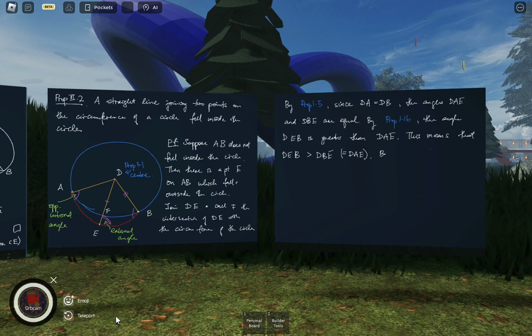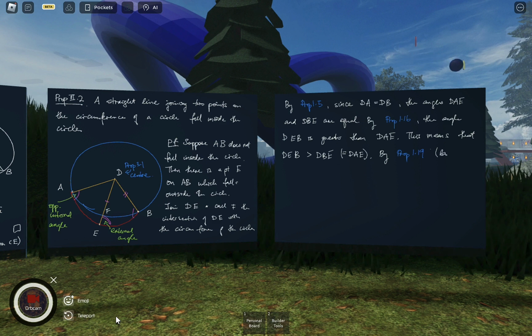I'll remind you what this says. So by Proposition 1.19, this is the one that says that larger angles are subtended by larger sides in triangles, right?